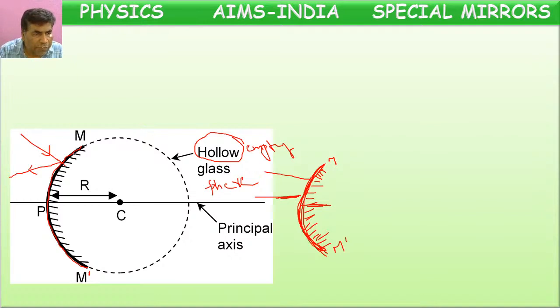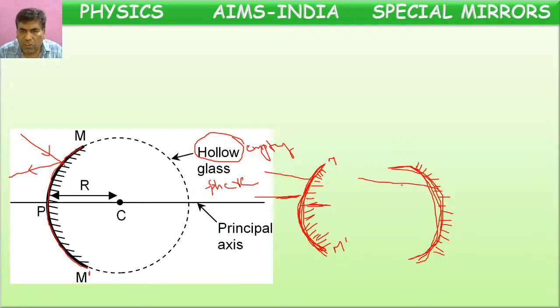Suppose I cut this part not from this side, but from this side. Then the outer part I will coat with silver nitrate, and the inner part will be a glass surface.